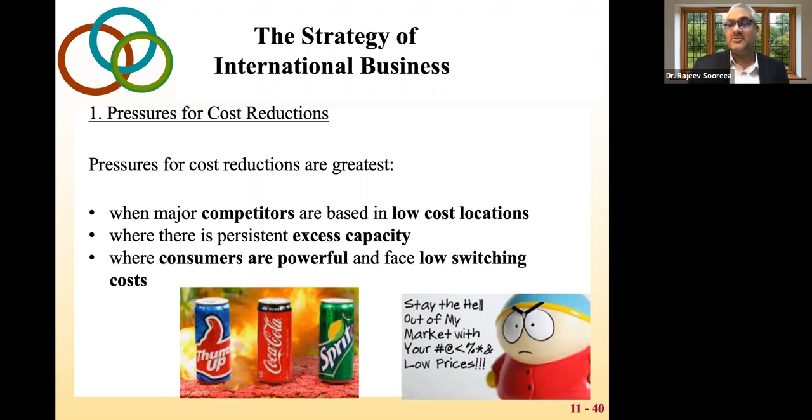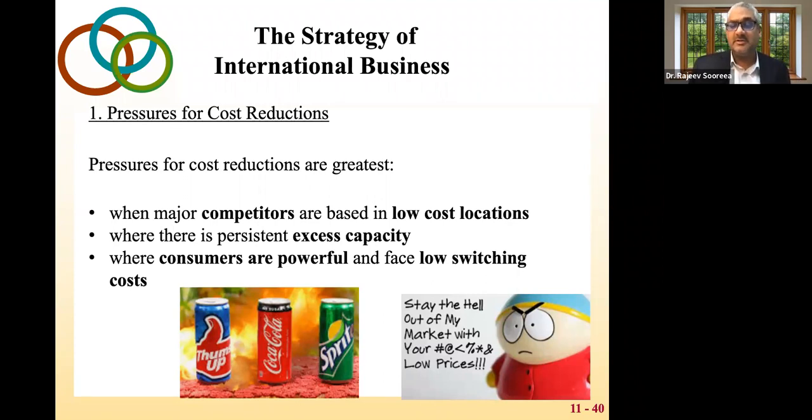If consumers are powerful, they organize themselves, they are intelligent, they have access to social media today, right? They read a lot, they talk about different products, they go on TikTok and explain all these different things out there. So consumers are getting knowledge. Knowledge is power. So consumers are becoming very powerful.